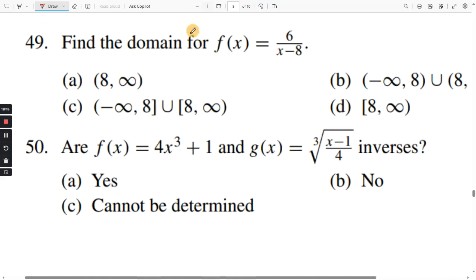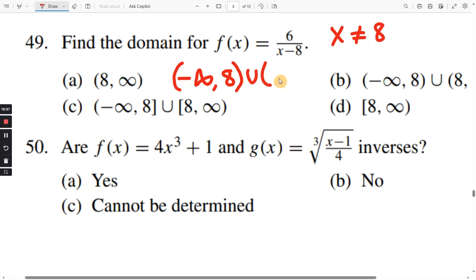49, find the domain for 6 over x minus 8. Pretty simple. The denominator can't be 0. x minus 8 denominator cannot equal 0. So that means x cannot equal 8. So it's going to run from negative infinity all the way to 8, but it's not including 8, so you use the rounded parenthesis.